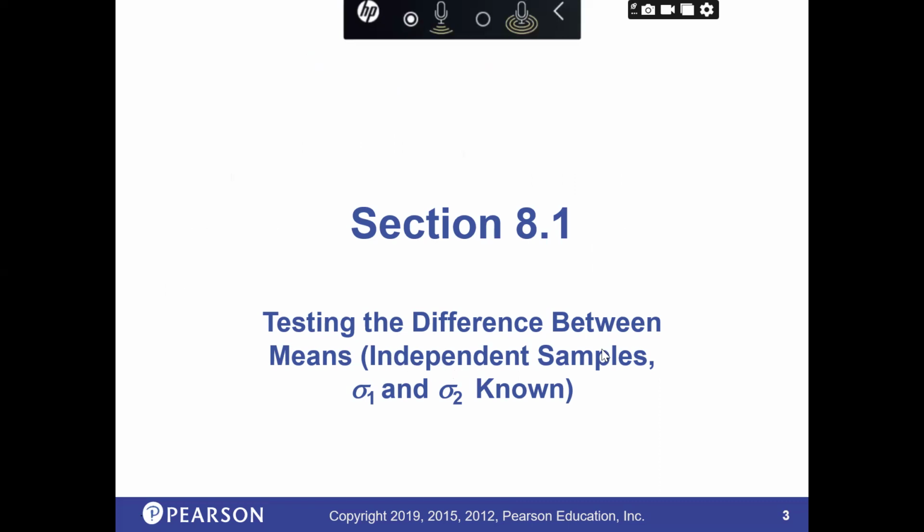A few things here: independent samples, and notice that you've got a little subscript. The standard deviation 1 and standard deviation 2 are known. So introduce it, talk about it, and we'll do one example with it. I'll give you the formula for it, and then we'll do one example of it.